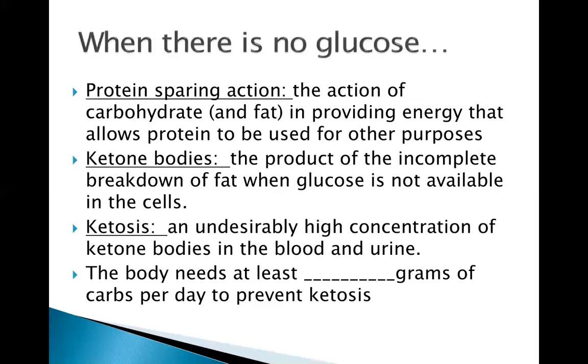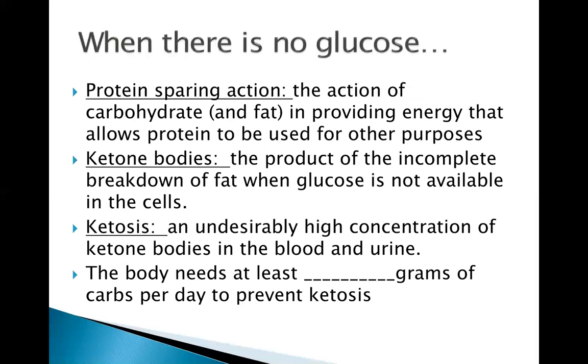So when there is no glucose, what does our body do? Our body will next go to fat. When we break down fat, I mentioned that ketone bodies can form. This happens when there is not enough carbohydrate in our diet, or we've been fasting for a long time, or we've even been starving.